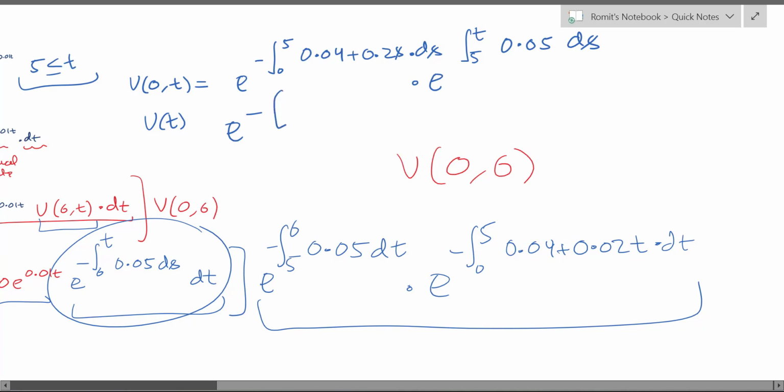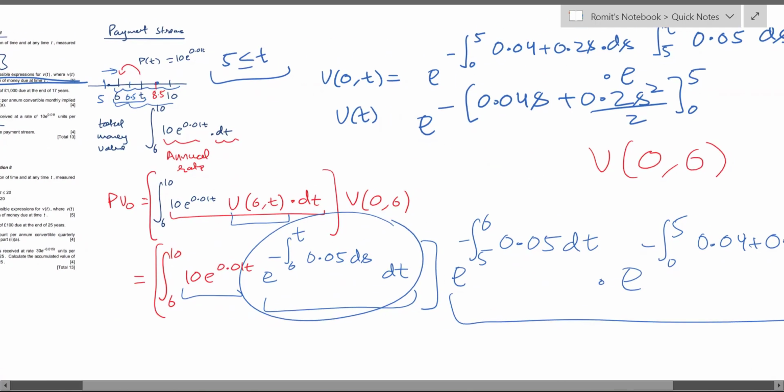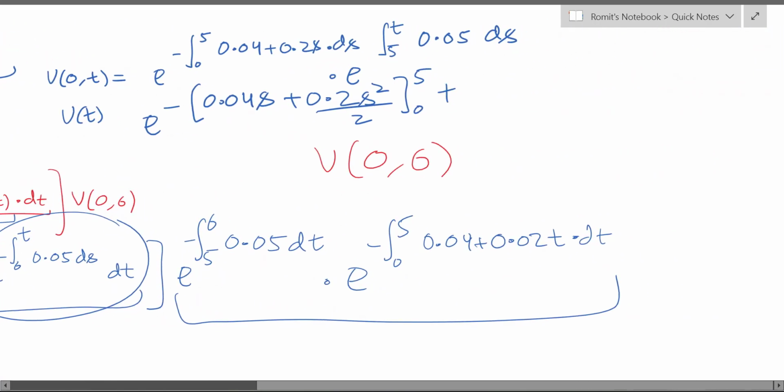So if I solve this, it's 0.04 s plus 0.02 s square by 2, and I will have to add from 0 to 5, plus, and this is obviously added because this is e to the power and multiplied, right?